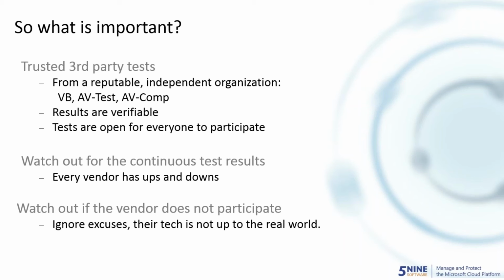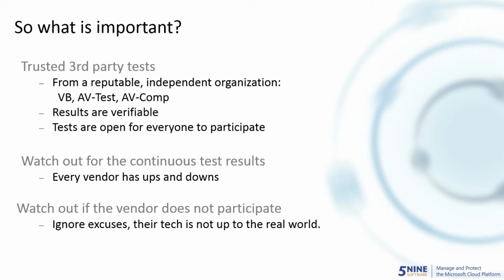So even when you look at those test results, you need to make sure that the results are continuous, meaning that every company can have its ups and downs, meaning that even for a real security outsider, it may be possible at some time to score better than everybody else.